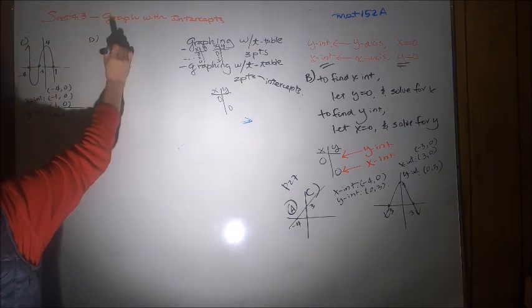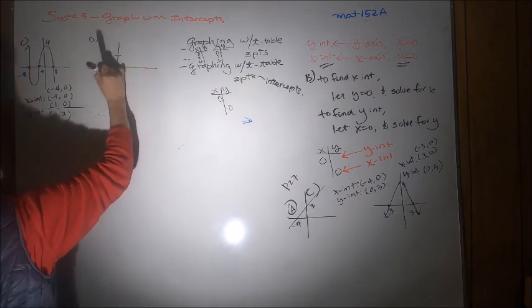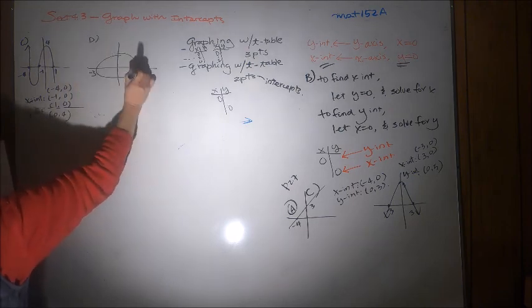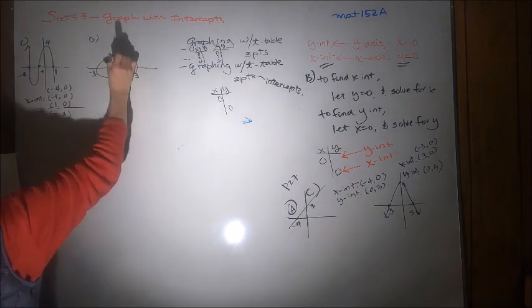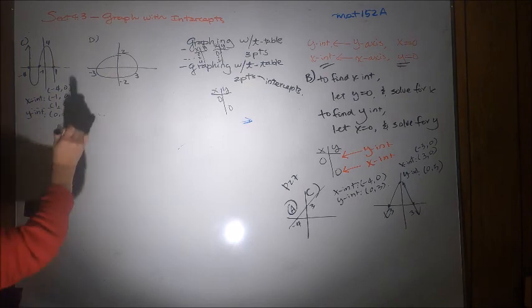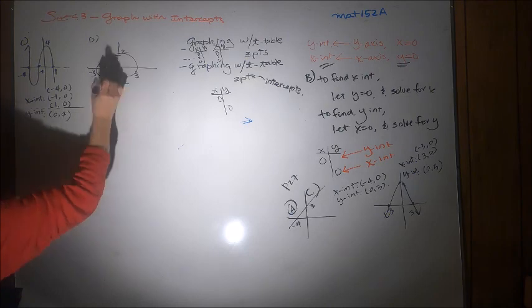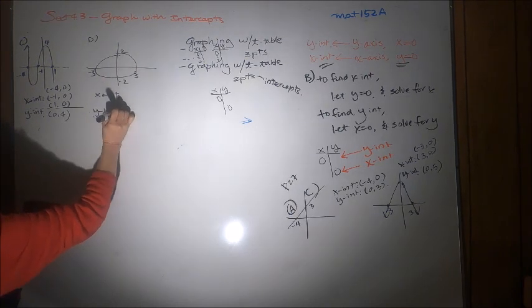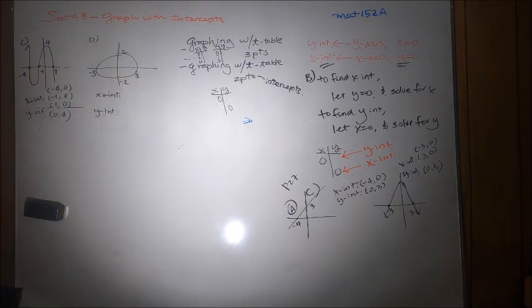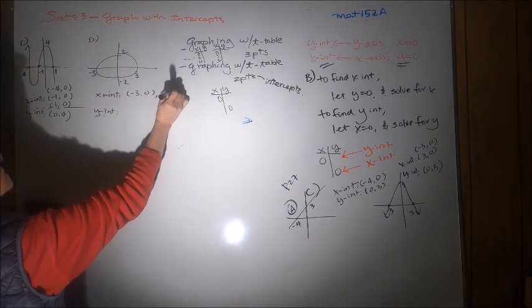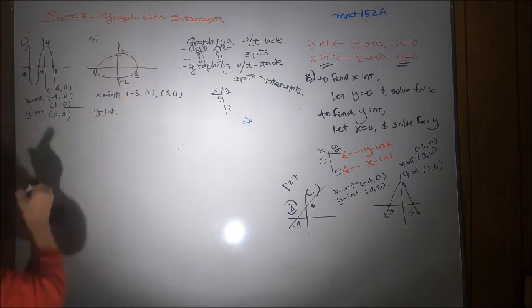Look at the next one. It looks like this, an ellipse. Here is -3, 3, -2, and 2. So how many x-intercepts do we have? 2. How many y-intercepts do we have? 2, right? So how would you write the coordinates for the x-intercepts? That would be -3, 0, and 3, 0. What are the y-intercepts?